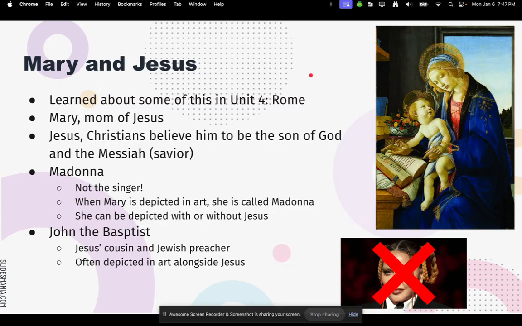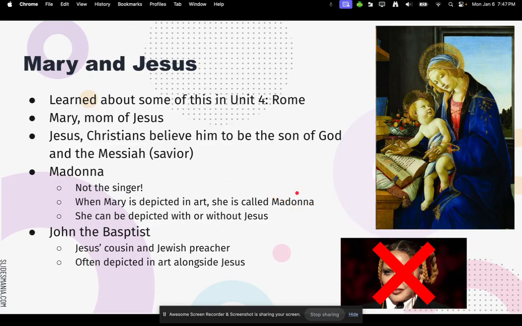You will also see a lot of depictions of Mary and Jesus. We learned a little bit about this in Unit 4 Rome when we talked about Christianity, but here's a refresher. Mary is the mother of Jesus, according to Christians. Christians believe Jesus to be the Son of God and the Messiah or Savior. In the video, you will hear the word Madonna a few times, and I am not talking about the singer.